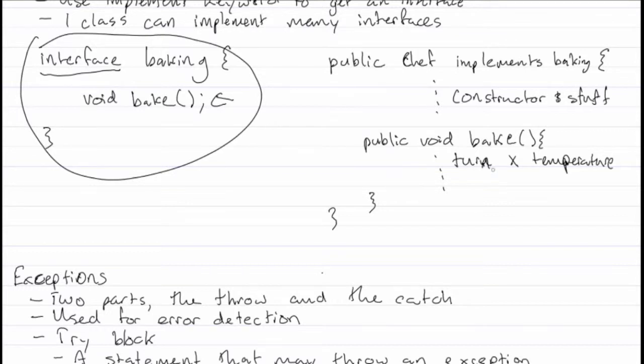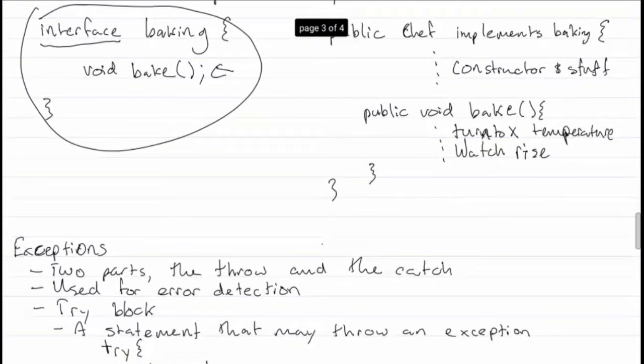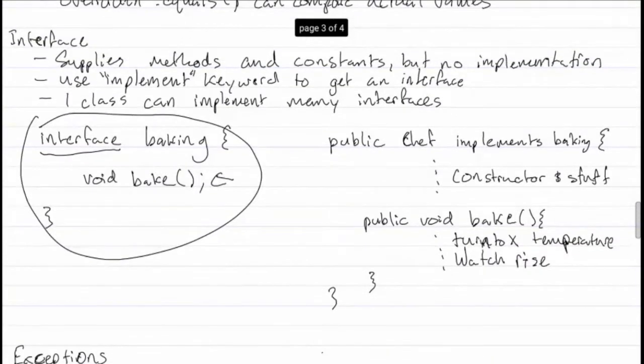Then he needs to learn how to watch his baking material rise properly. Yeah, I know how to bake, guys. That's basically how interfaces work. A class implements the interface and then it overrides this method so that the implementation can be written.